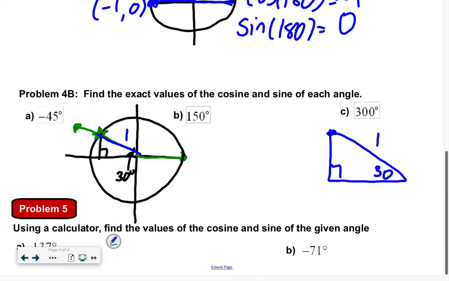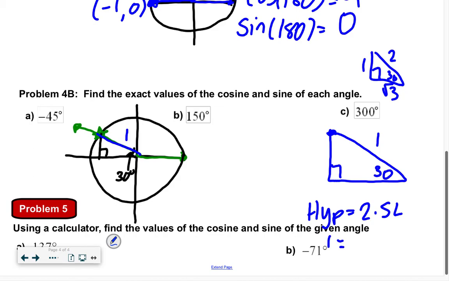In our triangles, across from 30 is 1, hypotenuse is 2, this is square root of 3. So how can I figure out, let's do this side first. If my hypotenuse equals 2 times my shorter leg, my hypotenuse is how much? 1.